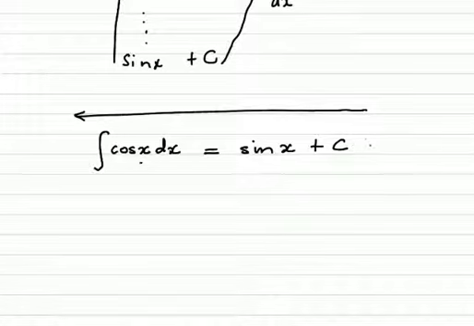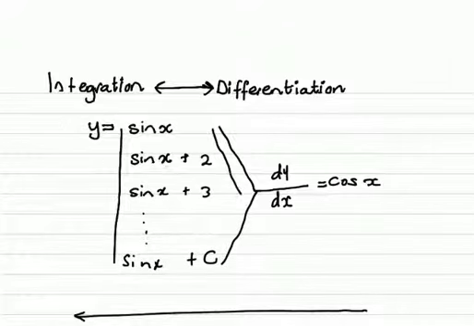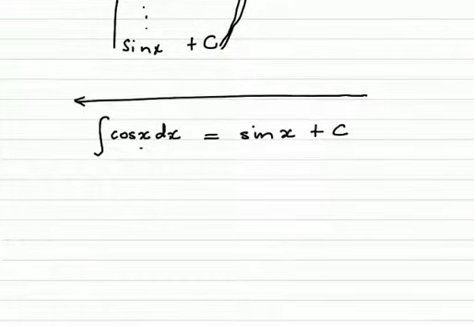And that c here is a real number standing for the range of possible constants throughout this column of functions. In other words, whenever you're given a derivative, in this case cos, to recover the function that was differentiated, we must integrate.